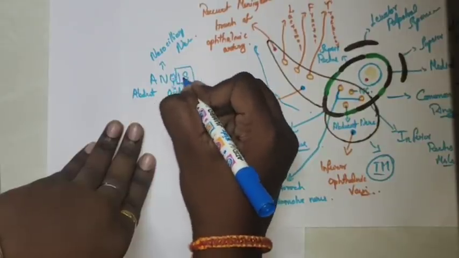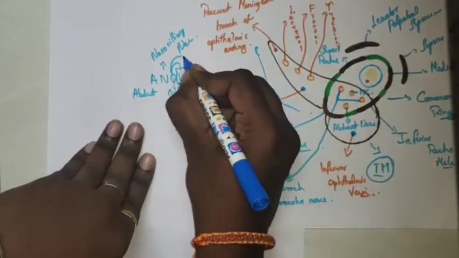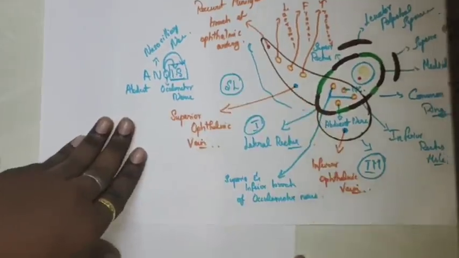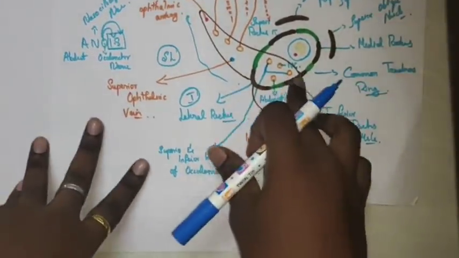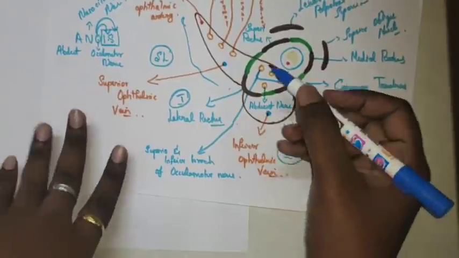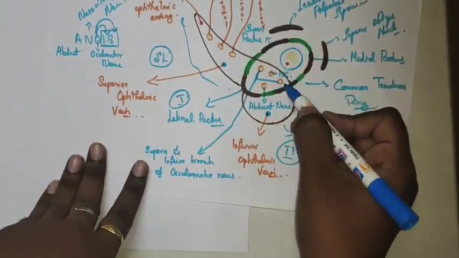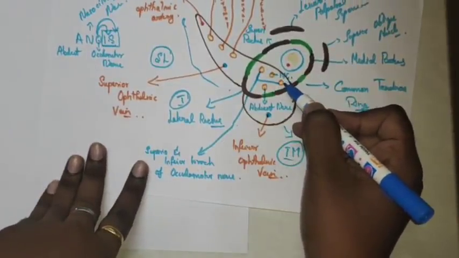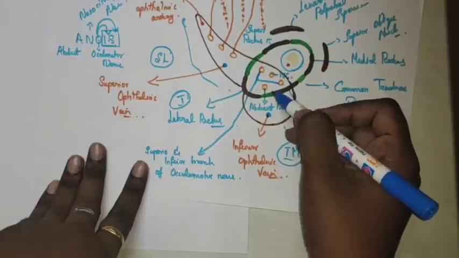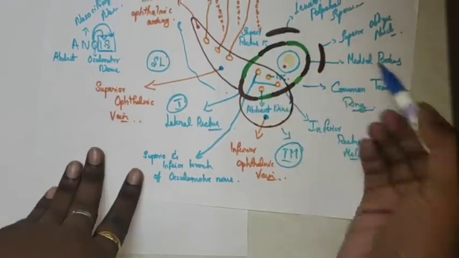IS indicates the two branches of oculomotor nerve, inferior and superior branch. So we have four nerves over the medial part, namely superior and inferior branch of oculomotor nerve, the nasociliary nerve, and then the abducent nerve.